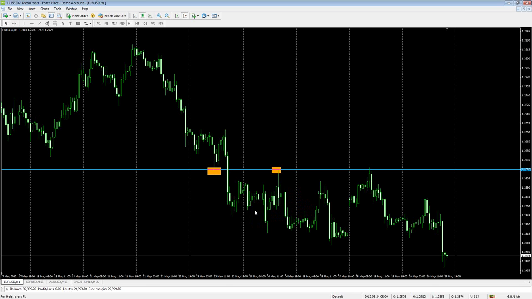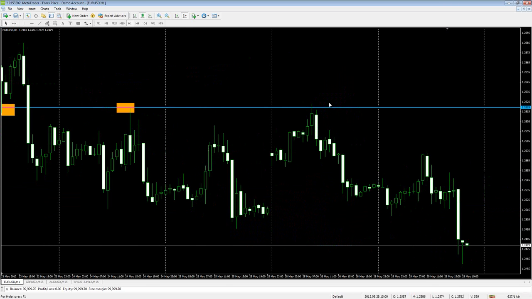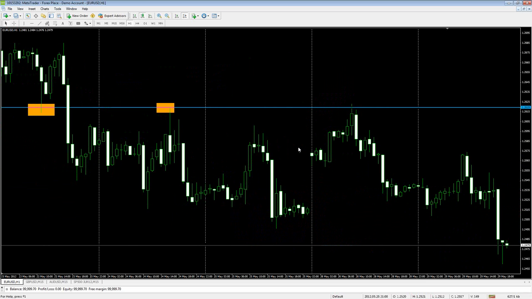And again, you don't have to hurry and enter exactly when the price reaches this area. It'll probably give you another chance, or at least you can wait for the close of the candle to see whether the price really reacts to this area.